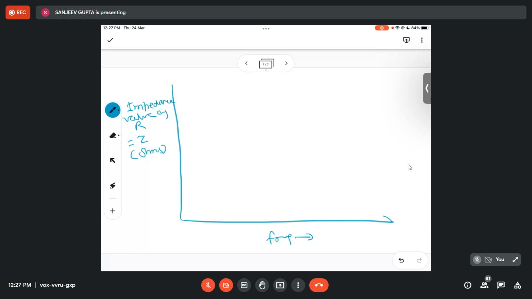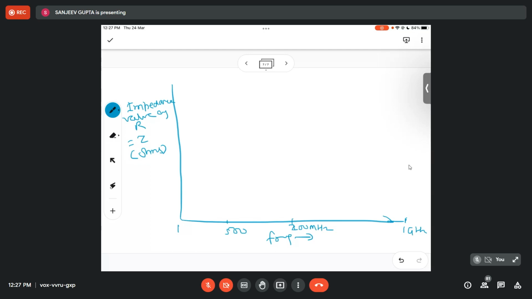So basically what happens if I plot this, let's say from 1 hertz to 500 hertz to let's say 100 megahertz. Let's say I'm plotting like this. Let's say 1 gigahertz and this is 200 megahertz.